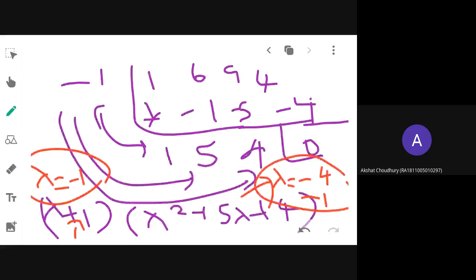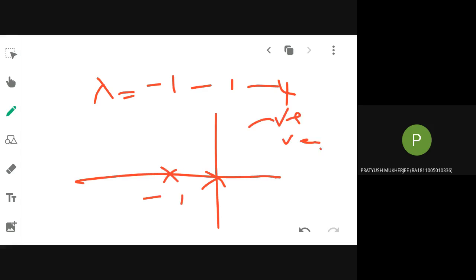If you look at all these 3 roots, where are they located? The 3 roots are lambda equal to minus 1, minus 1, minus 4. They are all negative real. Two roots are located in the same place. Are all of them in the left half or right half of the S plane? Left half.